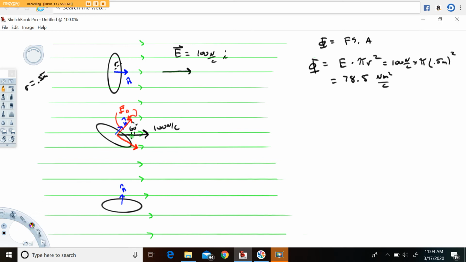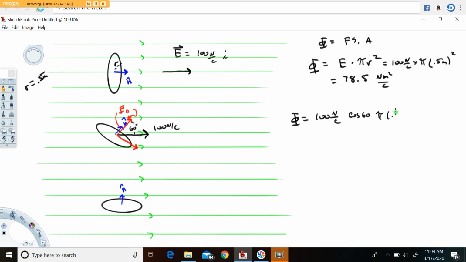Now you'll notice, if I think about this vector in terms of components, 100 cosine 60 is the component here that makes a right angle to the surface area. So that second flux is going to look like this. 100 Newton per Coulomb times cosine 60 gives the component of this vector that goes through this area. And then times, again, the surface area here, pi r squared.